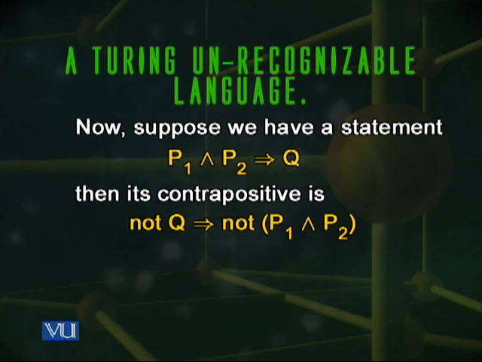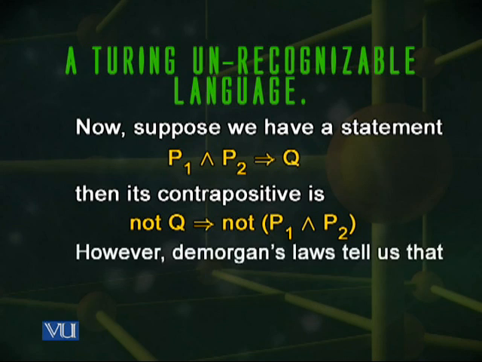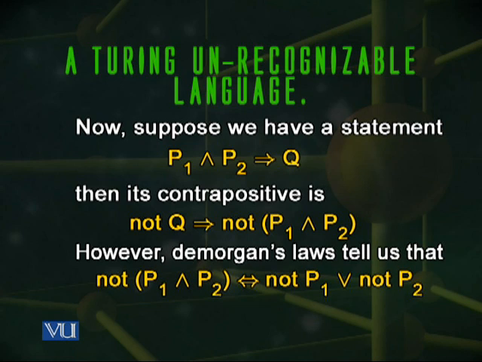Its contrapositive would be not Q implies not of P1 and P2. However, we can apply De Morgan's laws to the right-hand side, which tell us that not of P1 and P2 is the same as not P1 or not P2.